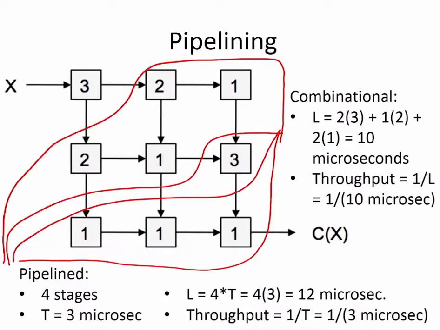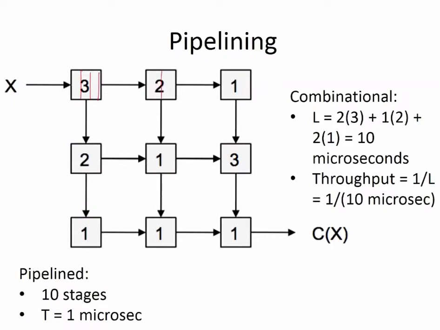As before, we end up with 4 pipeline stages that can be clocked with a period of t equals 3 microseconds. This demonstrates that both component divisions end up with a latency of 12 microseconds and a throughput of 1 over 3 microseconds.